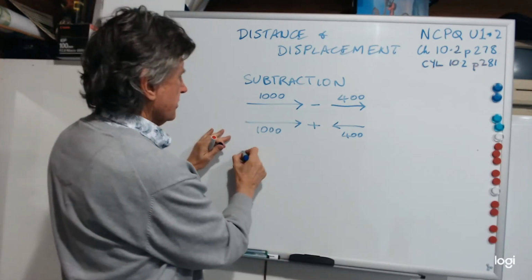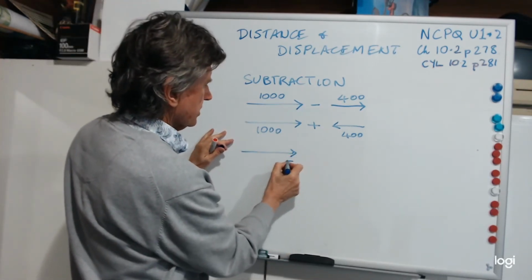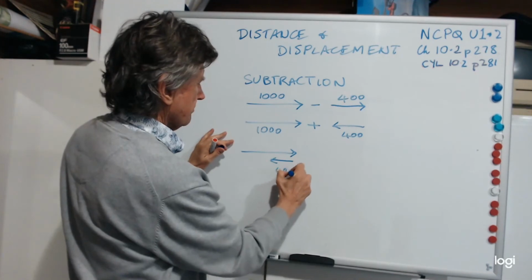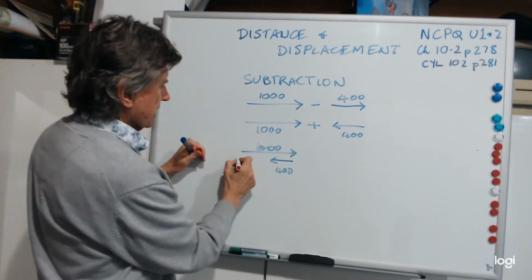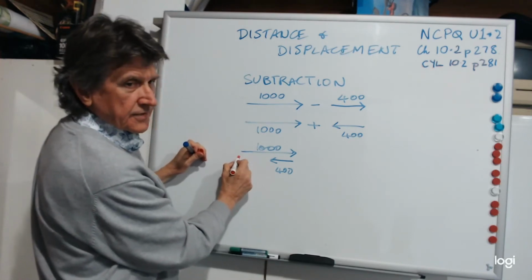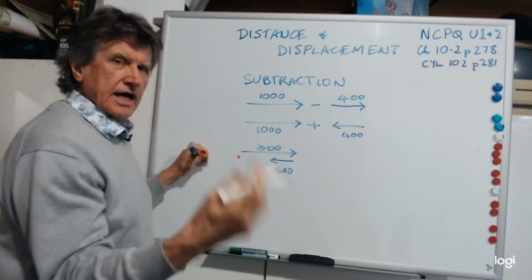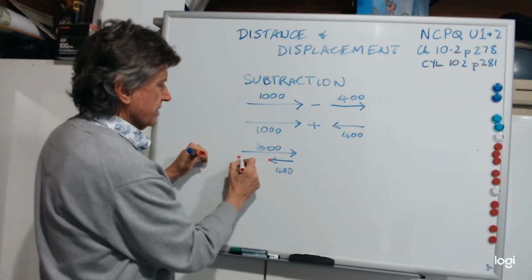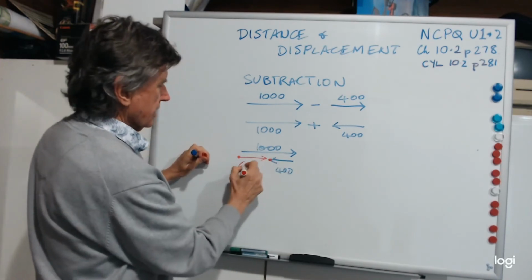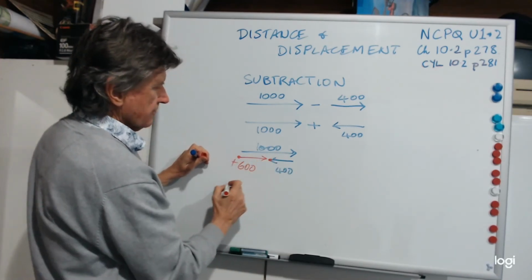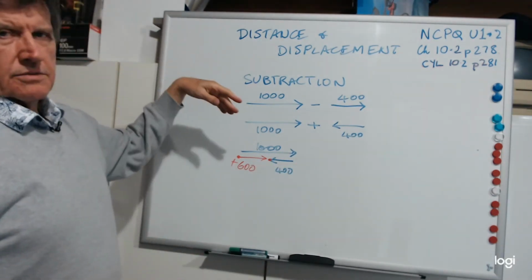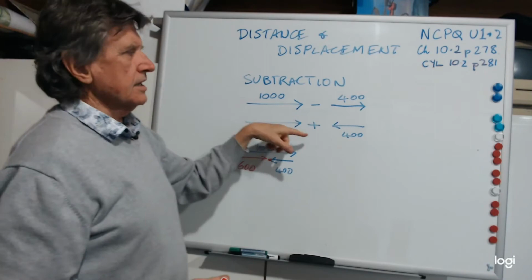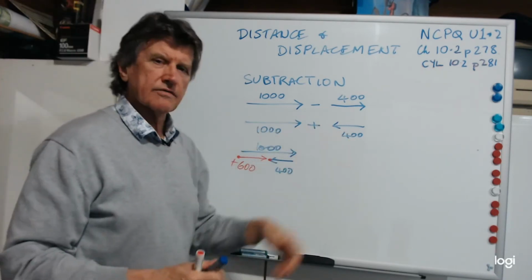Now when you put those two together, you get this, 400, 1,000, and you start at the tail of the first one, and you go to the head of the second one, and if you work that out, it's 600 plus, okay, because it's in the positive direction. So the idea for subtraction is to make it an addition by reversing the sign of the second one.